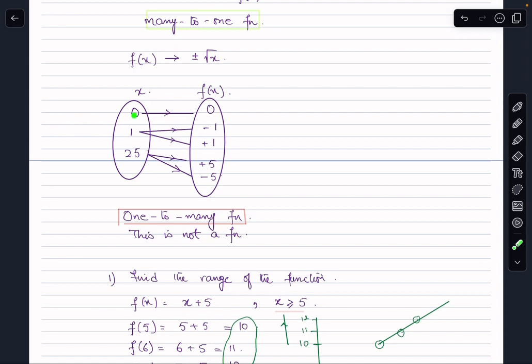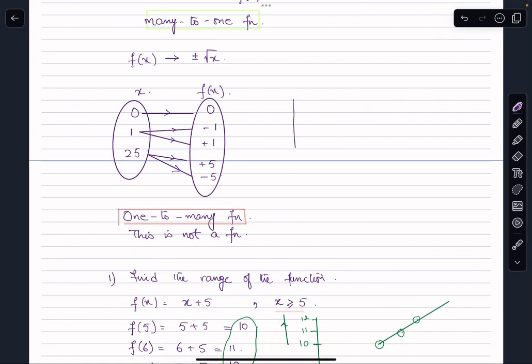Meaning in this function, if I substitute x as 0, obviously the function value is 0. If I substitute x as +1, I will be getting answers of -1 and +1. With 25, I can get under root 25 as plus 5 and minus 5.